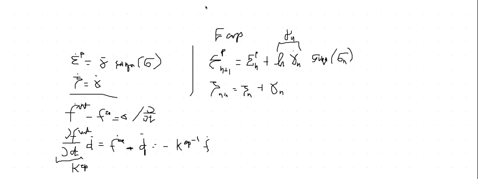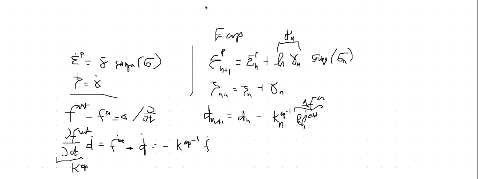And here I can say that dn plus 1 is equal to dn minus k elastoplastic to the minus 1 at time Tn, multiplied by h times f external dot. And together, I can call it delta f external at n plus 1.